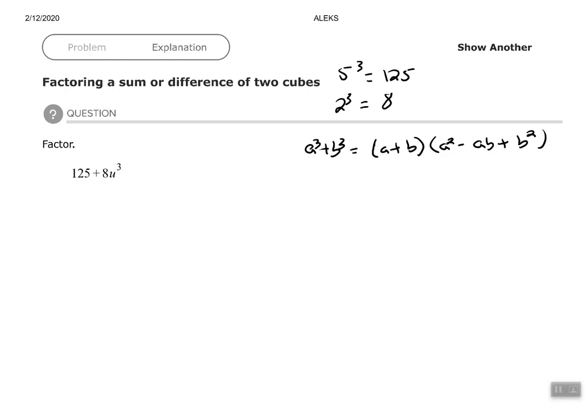Okay, so let's break 125 down into its cube. The cube root of 125 is 5, or 5 to the third power would be the same thing as 125. The cube root of 8u to the third is 2u.